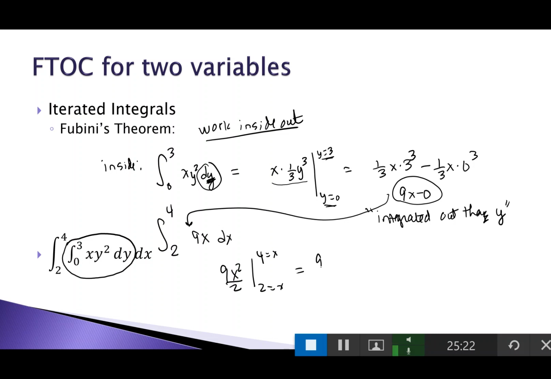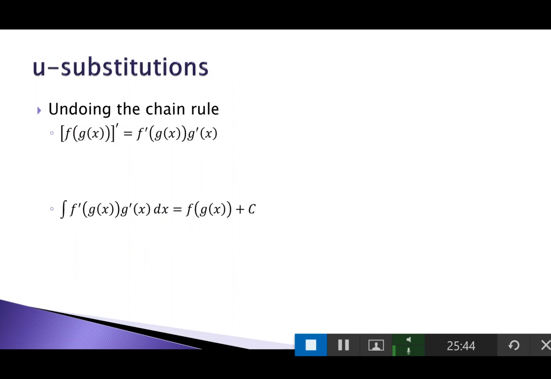So I'll get 9 times 16 over 2 minus 9 times 4 over 2, which looks like that's going to be, let's see, 8 times 9 is 72, minus 18, which is 54. And there's my integral. Moving on.